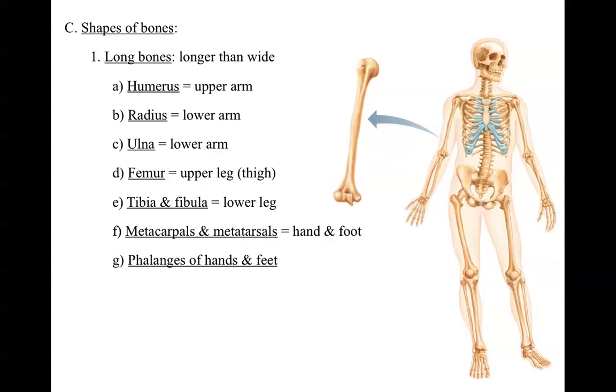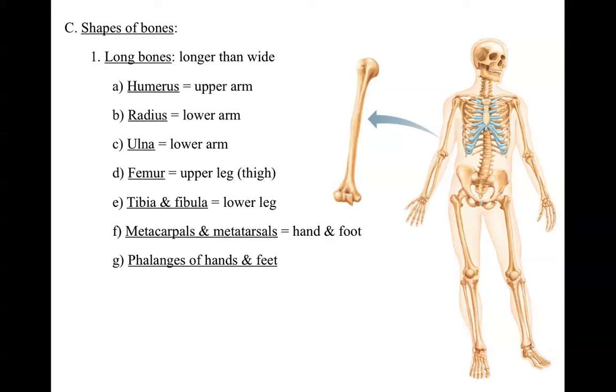We look at shape of bones. Bones are classified based on shape. So we have long bones. They're longer than they're wide. So your humerus, which is pulled out there, is a long bone. And there's a lot of examples of long bones.